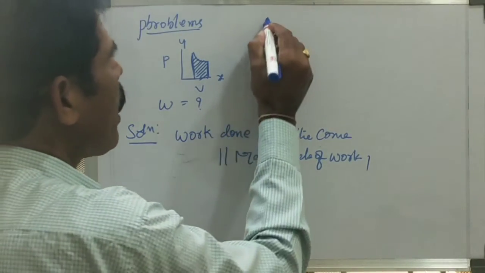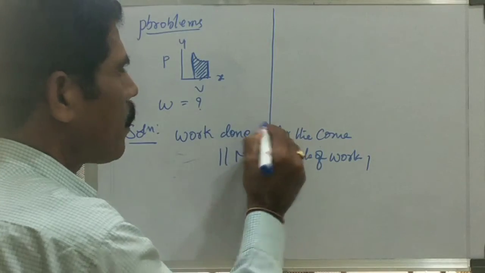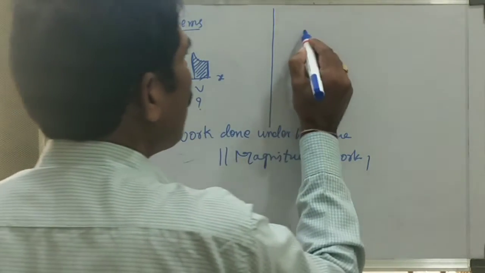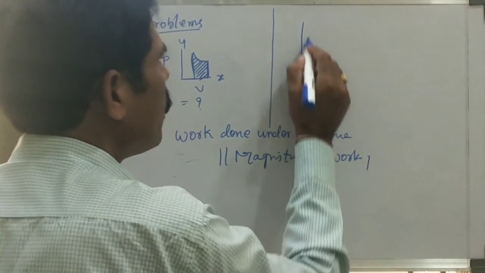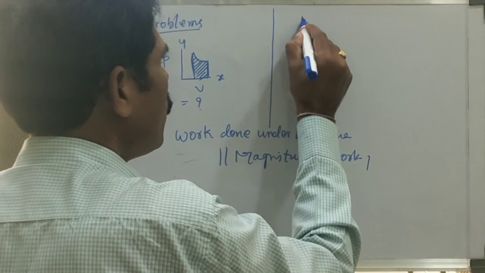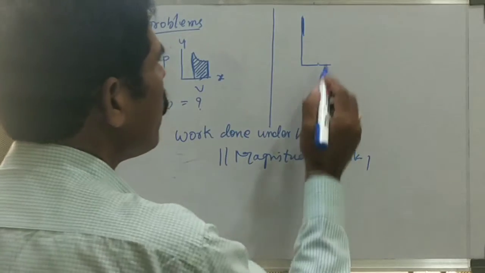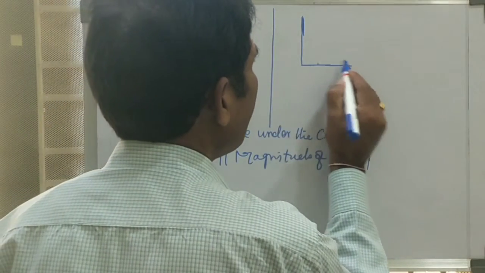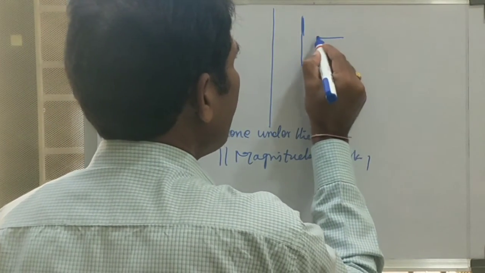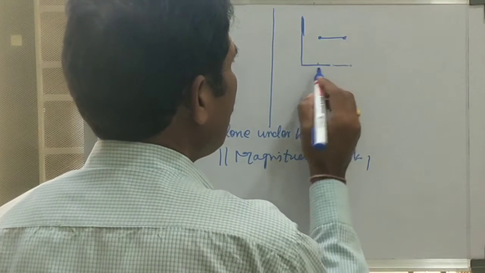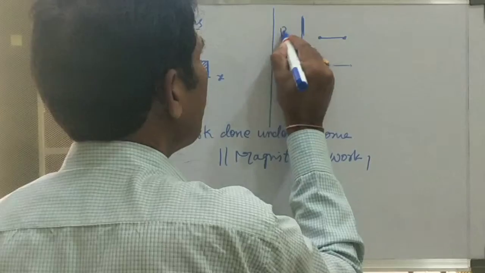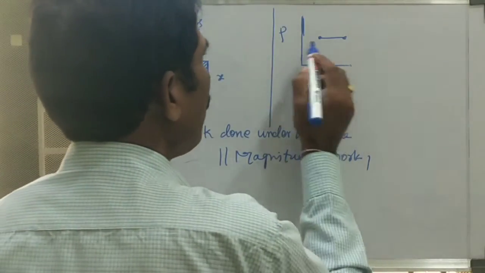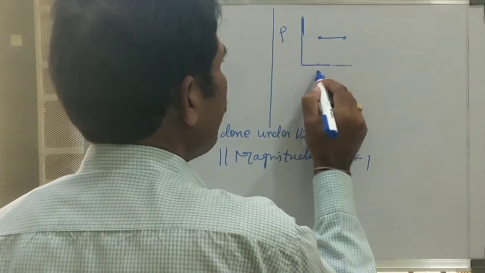Let us see the second one. So this curve was given, with volume on one axis and pressure on the other.